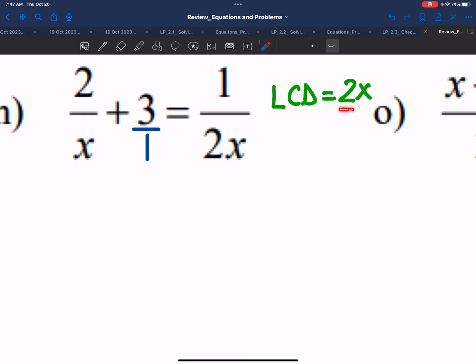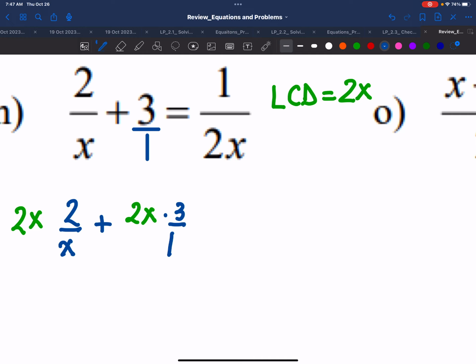Now, that is the smallest term that you can multiply every fraction with that is able to eliminate the denominators. So let's get to work. 2x will multiply 2 divided by x, plus 2x will multiply 3 over 1, equals 2x will multiply 1 over 2x.